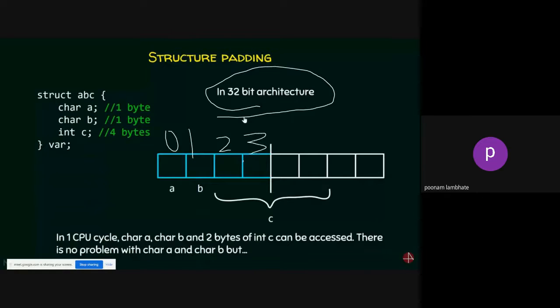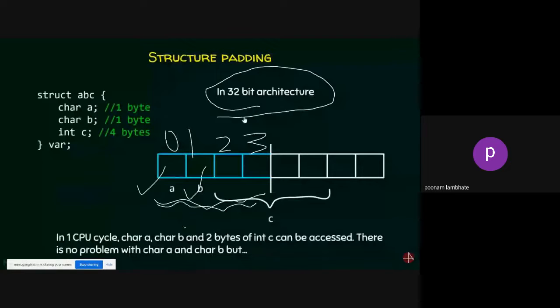For the first time, these four locations will get read in the first cycle. It is called a CPU cycle or memory cycle, because you're dealing with the operations of memory. So in the first CPU cycle, the characters A and B you can access, because they are present in these four locations.